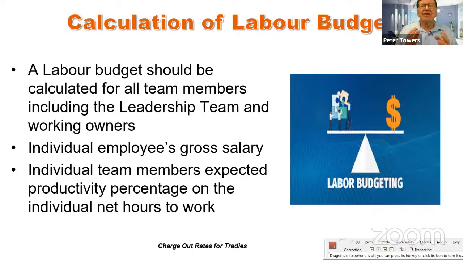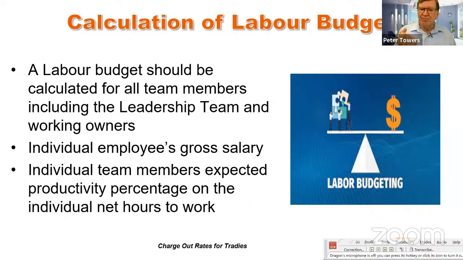So once you've determined the on costs, it's then possible to move into a labour budget. Now, the labour budget should be calculated on all team members, including the leadership team and the working owners. You need to insert the individual employee's gross salary and the individual team members' expected percentage on the hours that they're going to work.